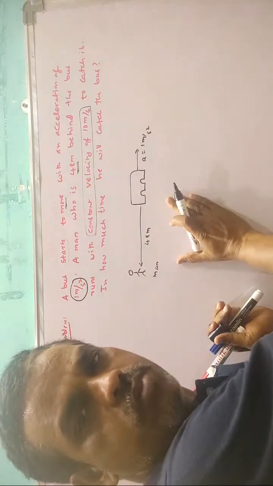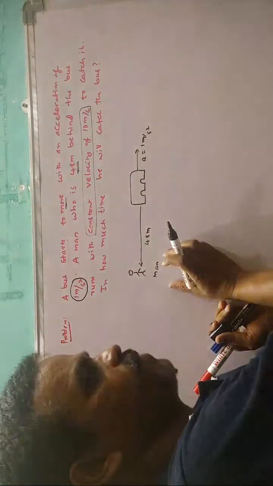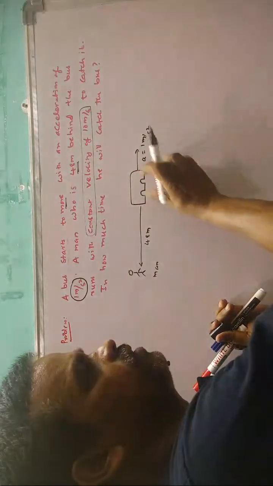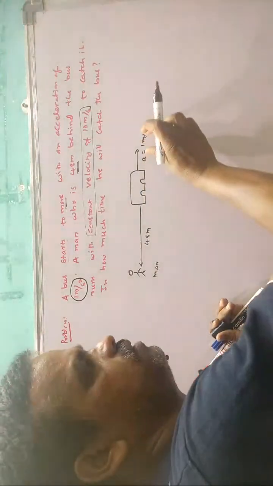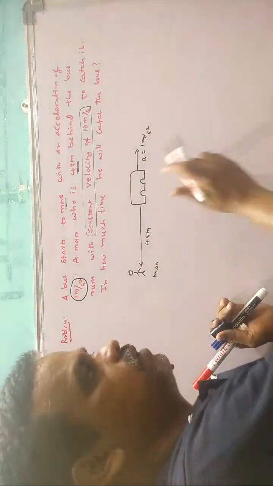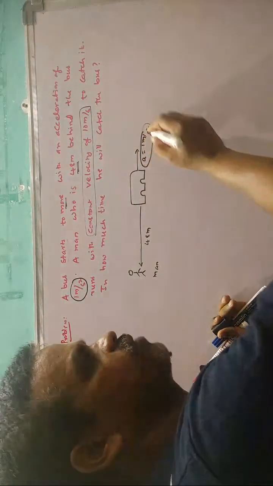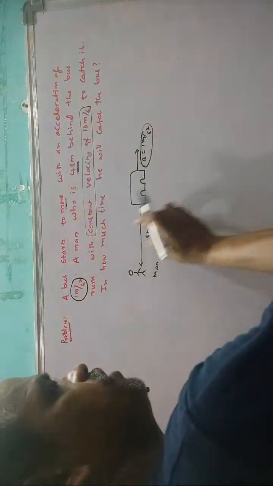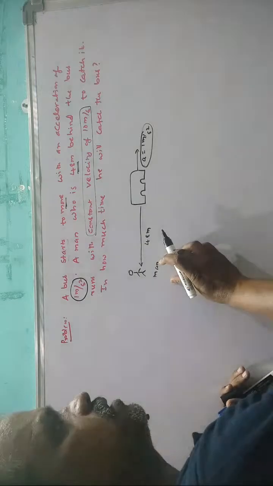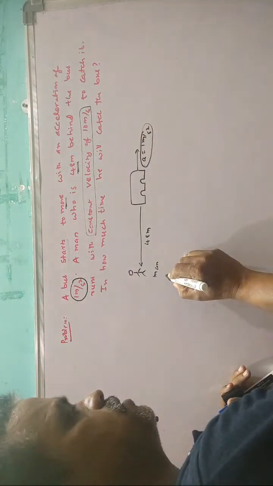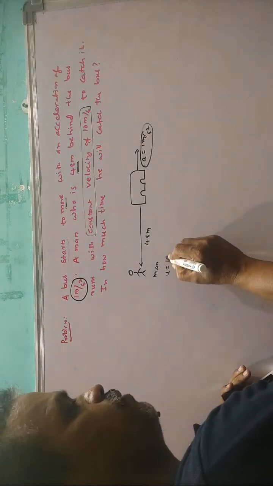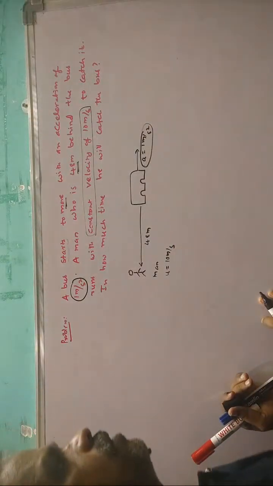Here we have two objects, one is the bus, one more is the man. The bus starts with constant acceleration, that is a equal to 1 meter per second square. A man who is 48 meter behind the bus runs with constant velocity, that is equal to 10 meter per second, to catch it.